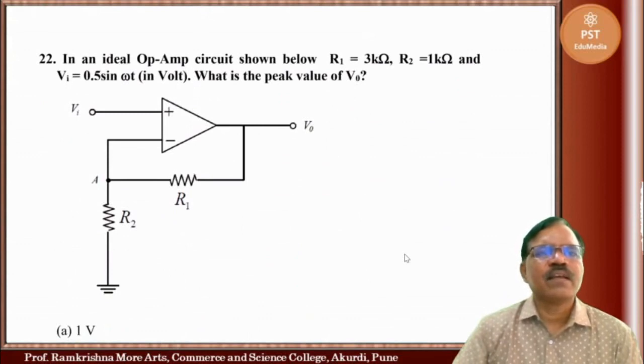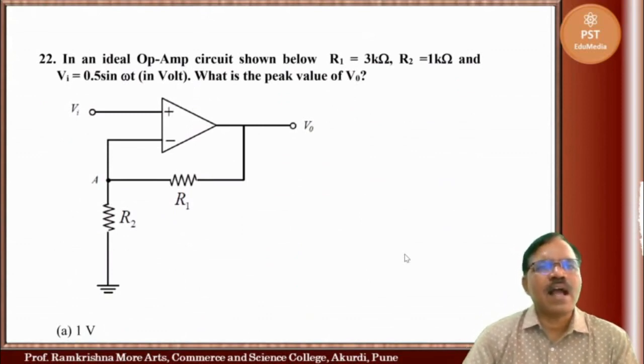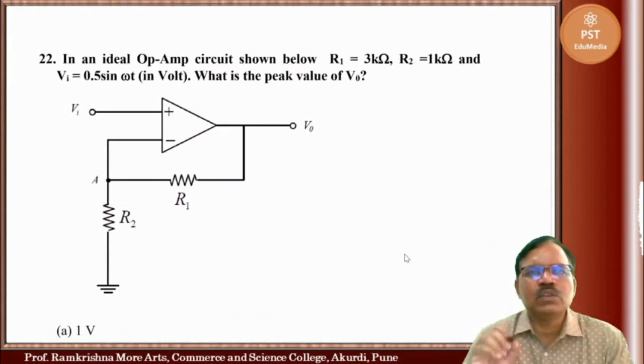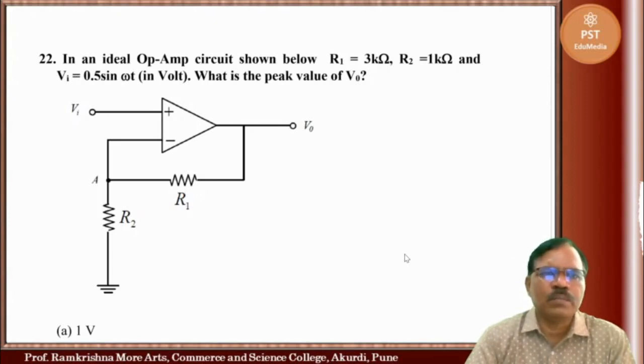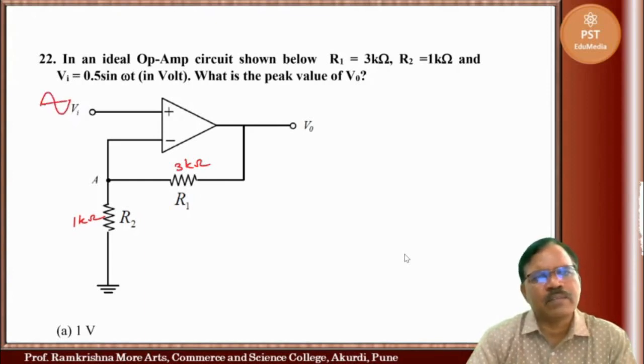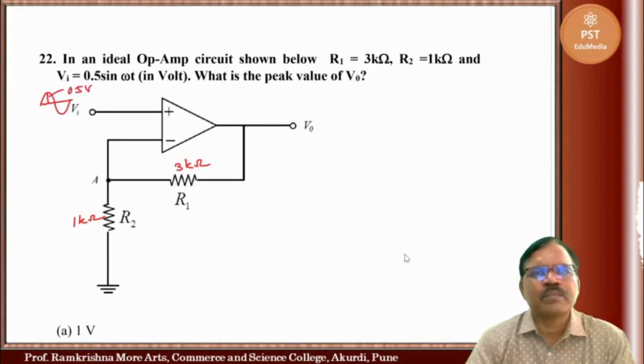Next one. In an ideal op amp circuit shown in the figure below, R1 is 3 kilo ohm, R2 is 1 kilo ohm, so this is 3 kilo ohm, this is 1 kilo ohm, and Vi is a sine signal applied at the inverting terminal with a peak value of 0.5 volt.